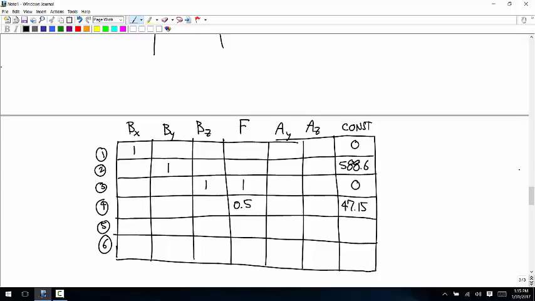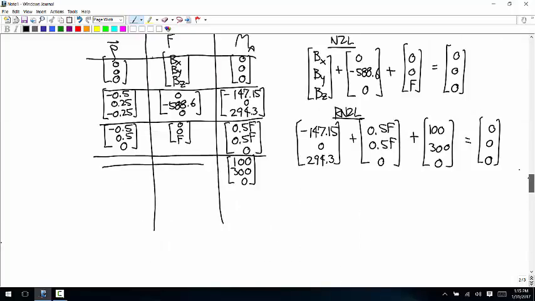We could have, so sometimes you can get away with solving these by hand if a lot of them just give you the value like that. The fifth equation, 0.5f is equal to 300. Is that right? Yeah, negative 300.